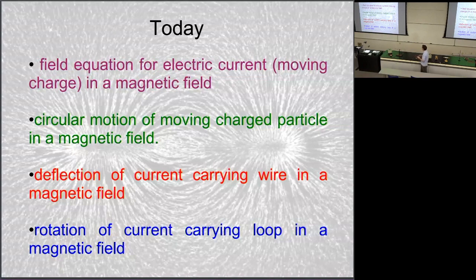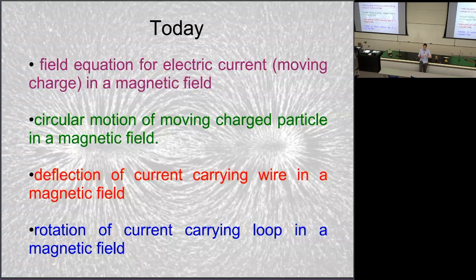Specifically, this is our list of topics. The first item is actually to introduce the idea that there's two ways that we write the magnetic field equation. In one way, we write it in terms of the magnetic force that's created by a magnetic field on a moving charged particle.